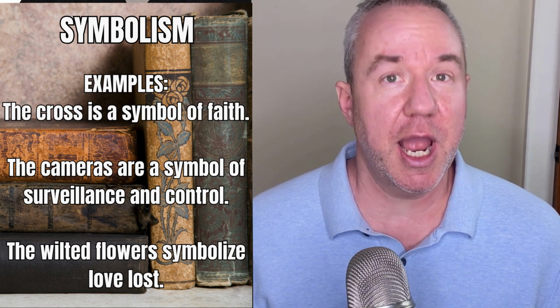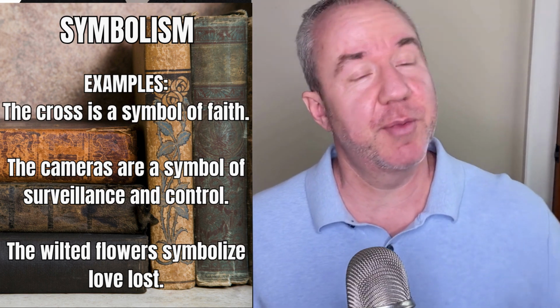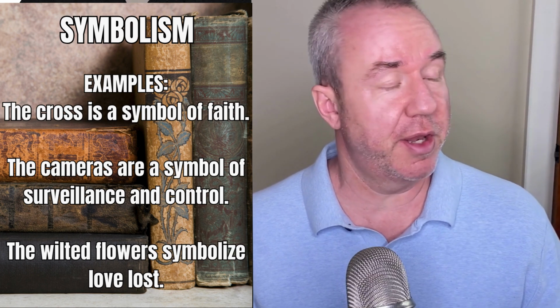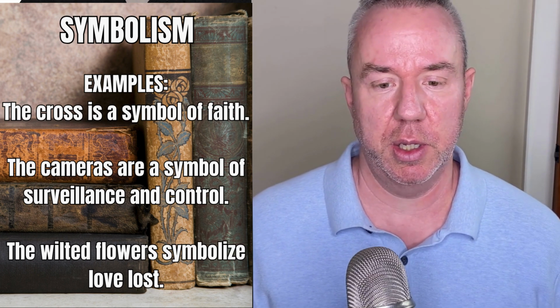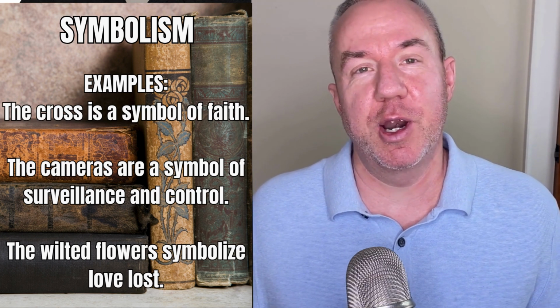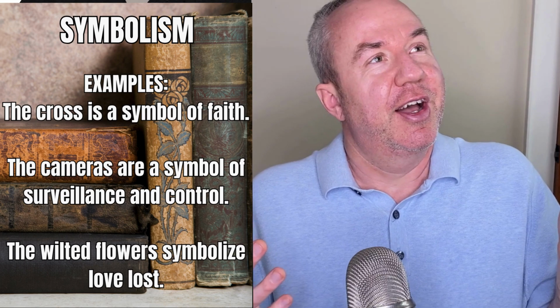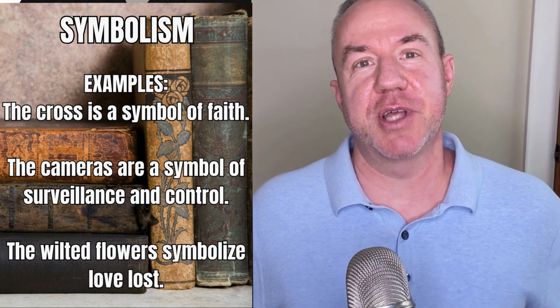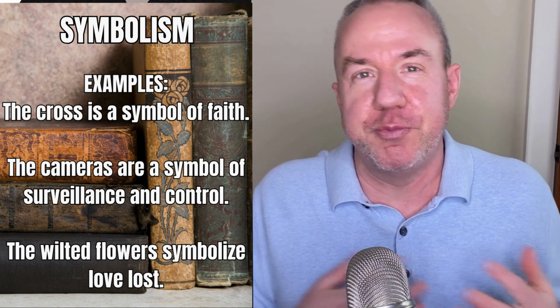Surveillance cameras may be a symbol of surveillance, of watching, and therefore control. Wilted flowers, the dying flower that no longer holds its fragrant luster, may be symbols of love lost.